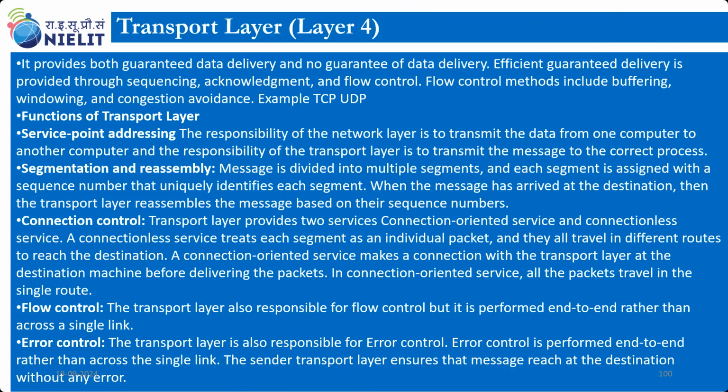It depends on the application and on the system software developer which protocol they implement. If they want reliability, they can use TCP. If they want little delay in the communication, they can use UDP.